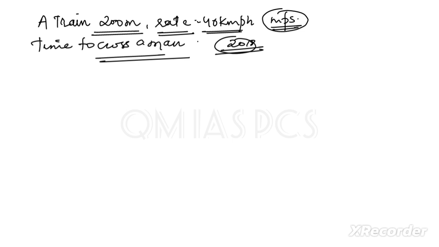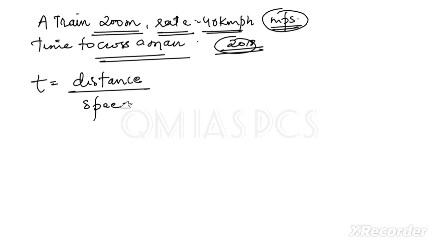In the case of a platform we have to consider the length, but in the case of a pole, a man, or a tree, we don't have to consider the thickness or length. So simply the time will be the distance, and distance means the length of the train divided by speed.